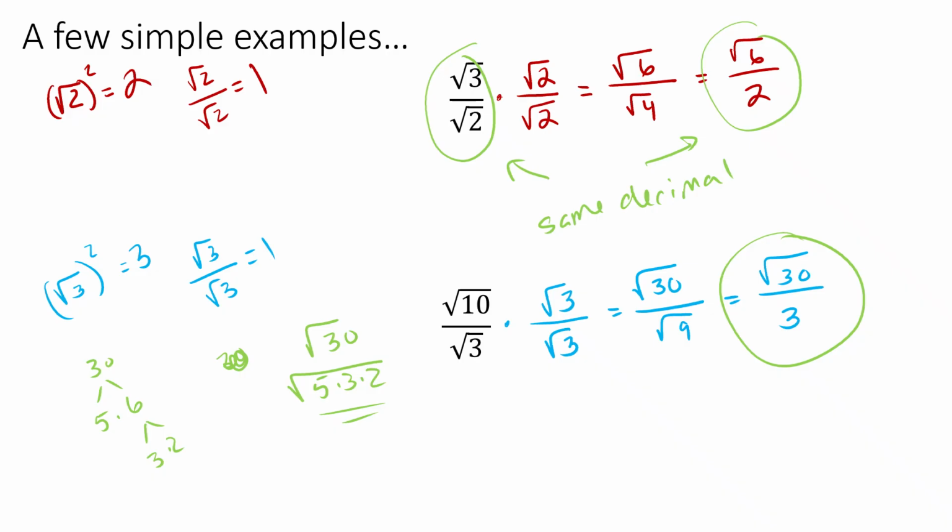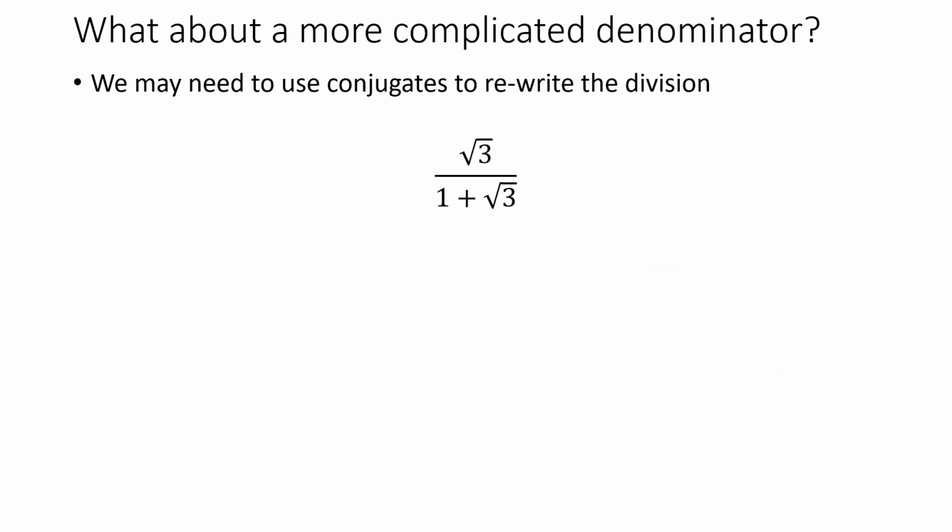All right, those are some of the simpler ones. Okay, you just have a square root in the denominator and you need to rationalize it. What happens if you have a more complicated denominator? So if you have a denominator that looks like this, then you may need to use conjugates to rewrite the division. And if you don't recall, we'll do a quick little review of conjugates.